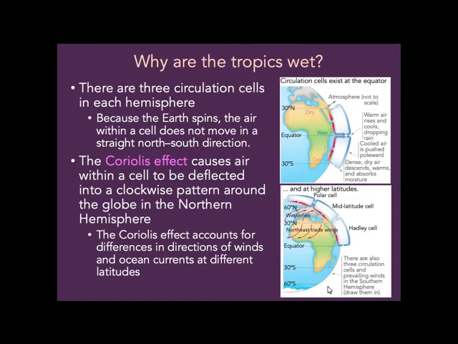So it causes air within a cell to be deflected into a clockwise pattern around the globe in the northern hemisphere, and a counterclockwise way in the southern hemisphere. And you can see, if you look at the trade winds, it causes the wind directions to go in different directions in the northern and the southern hemisphere. Also, water currents as well.